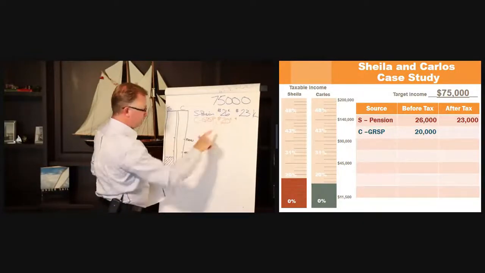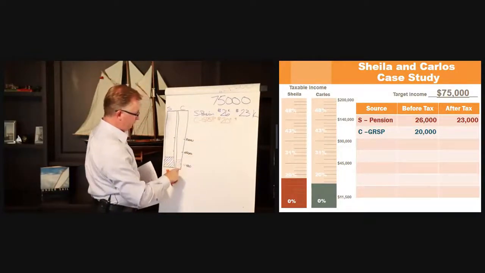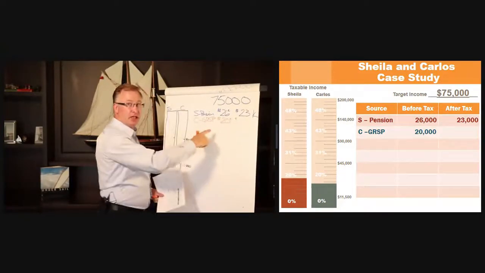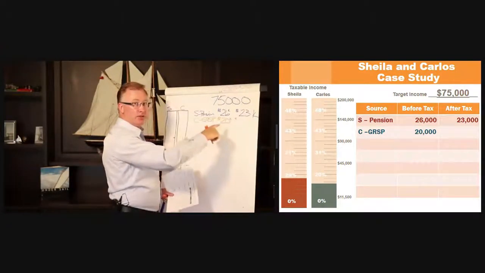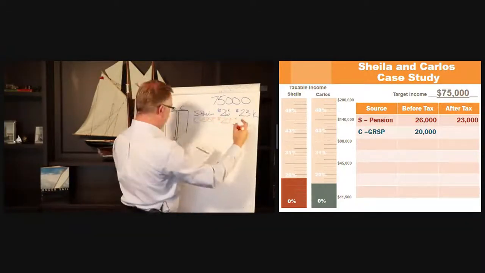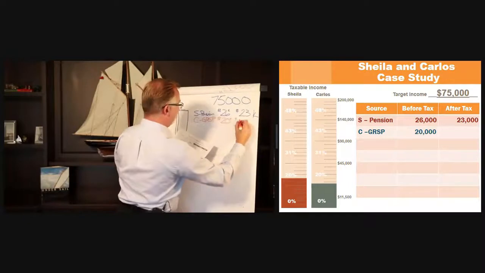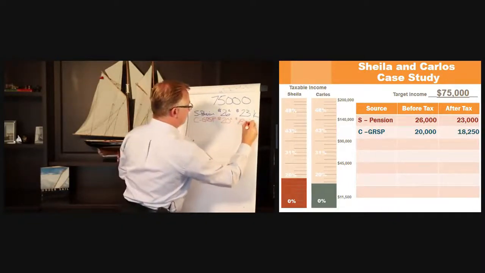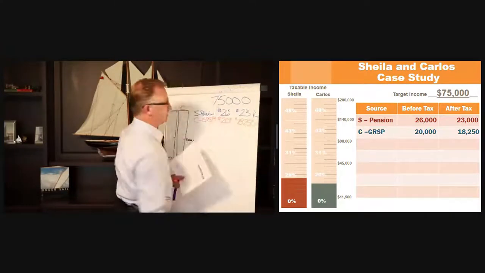So $11,500 isn't taxed, and then from $11,500 to $20,000, so the next $8,500, is taxed at 20%. This gives him $18,250 of after-tax income.